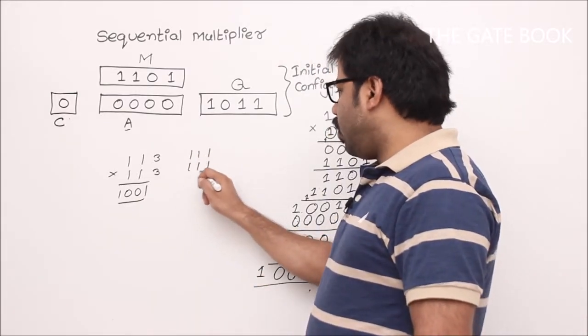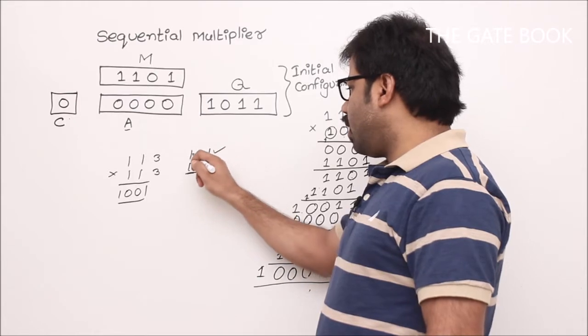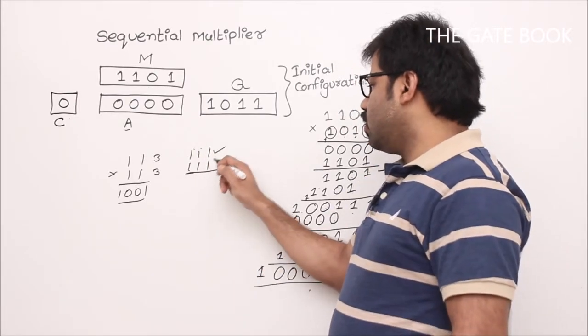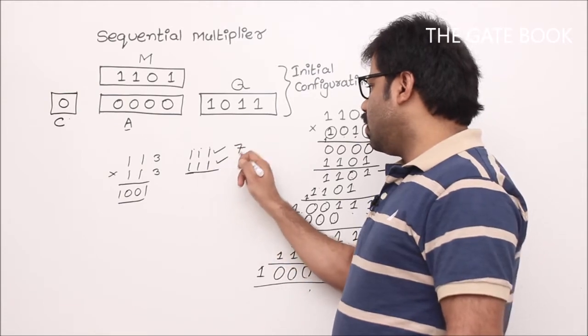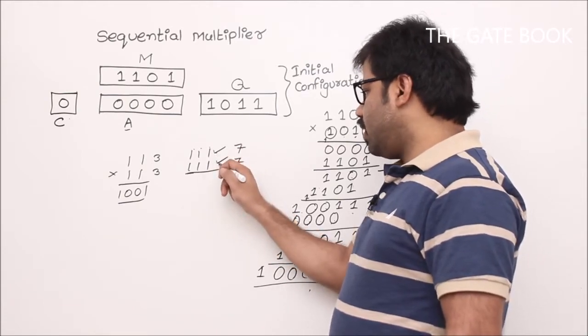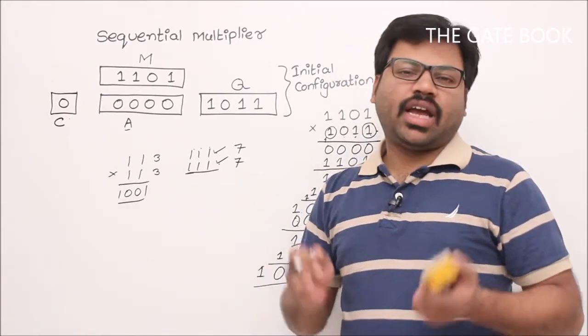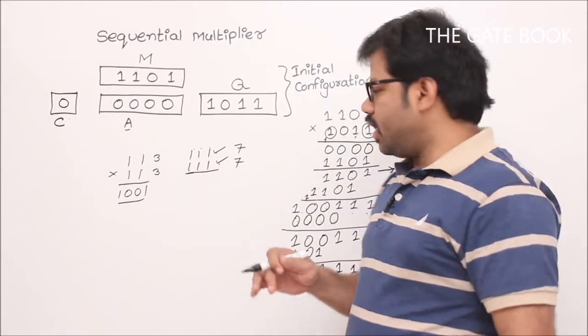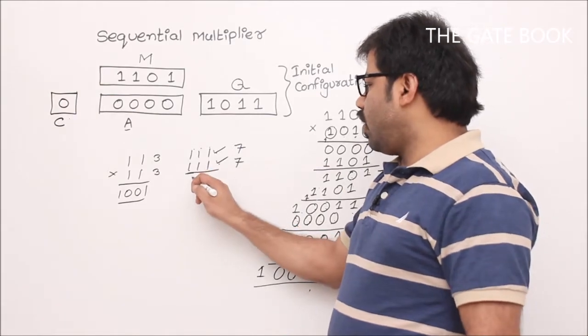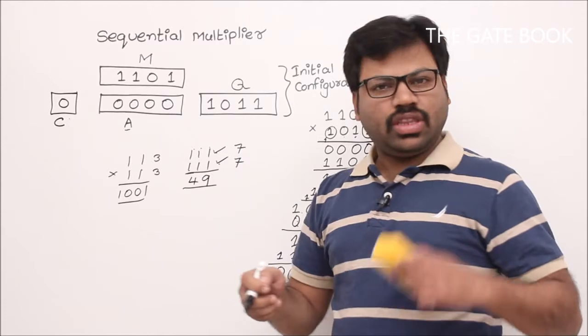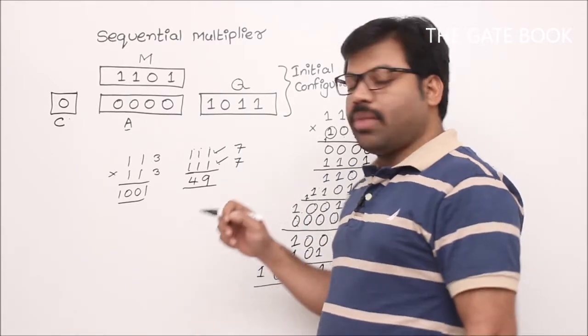Similarly, let's observe for 3 bits. Why am I taking 111? This is the maximum number representable with 3 bits, right? I am assuming unsigned numbers. So here also 111 is the highest number. If I multiply these two highest numbers, the result is the maximum number possible in multiplication, right? So 7 times 7 is 49. No one can get better than 49 by multiplying two 3-bit numbers, especially binary numbers.